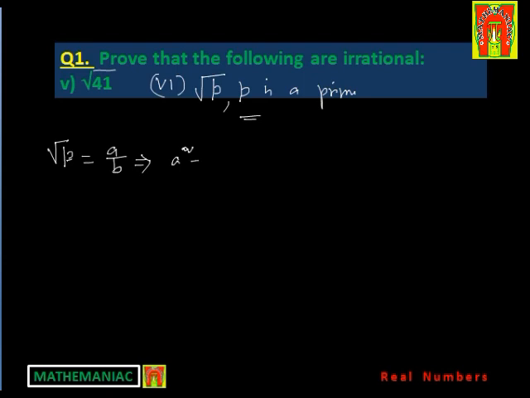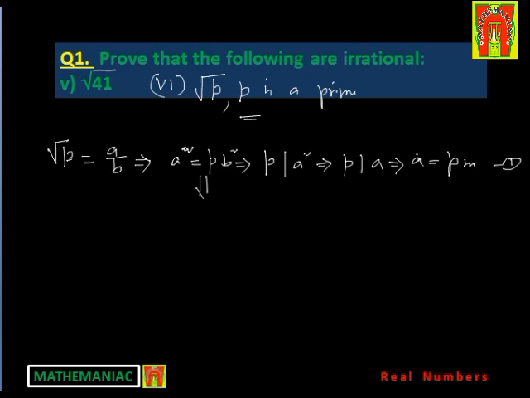So now if you cross multiply and square, you will arrive at this. This tells you that p divides a square, which will imply p divides a. Okay, p divides a means a equal to p times some value.